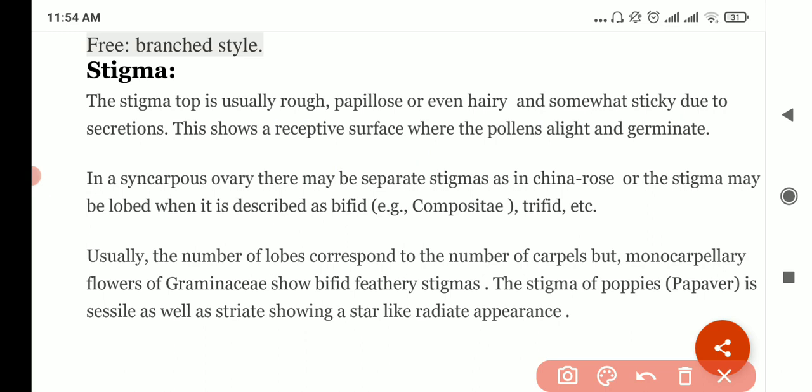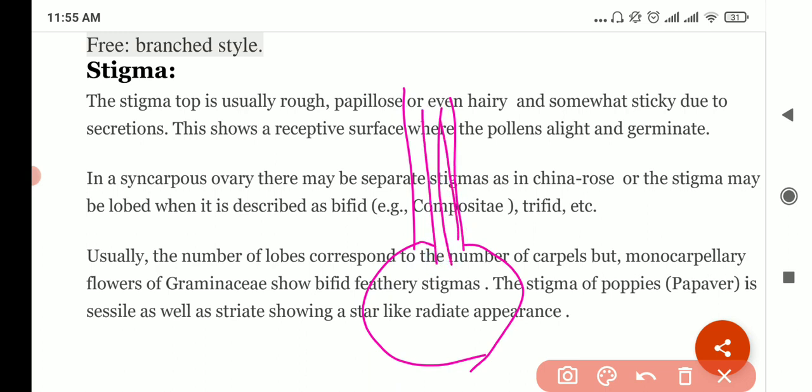In a syncarpous ovary, there may be separate stigmas as in China rose. When we say syncarpous, this is the ovary, and there are many styles. One style has one stigma, then another style, another stigma, then another style, another stigma.